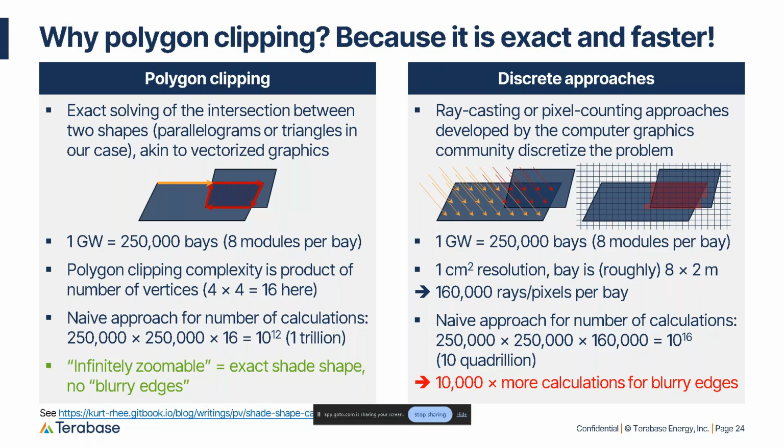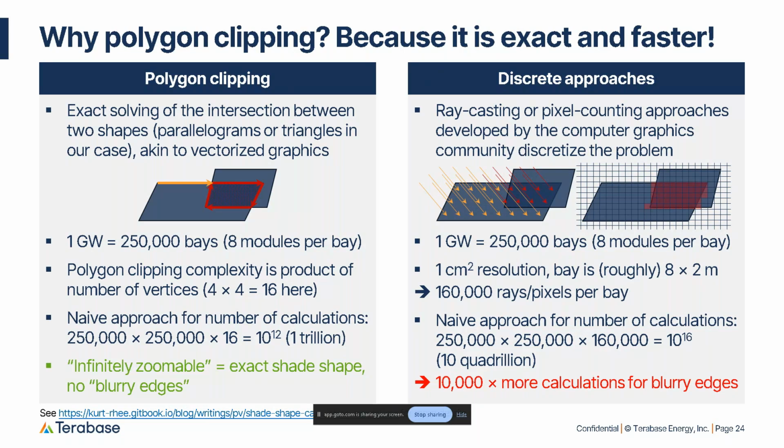On the other hand, you need to have little boxes, a little grid, to discretize your space. And in practice, let's imagine you have a 1 gigawatt power plant. That's about 250,000 bays if you have 8 modules per bay. For polygon clipping intersecting 2 parallelograms, the number of operations is on the order of the product of the number of vertices, so it's going to be about 16.